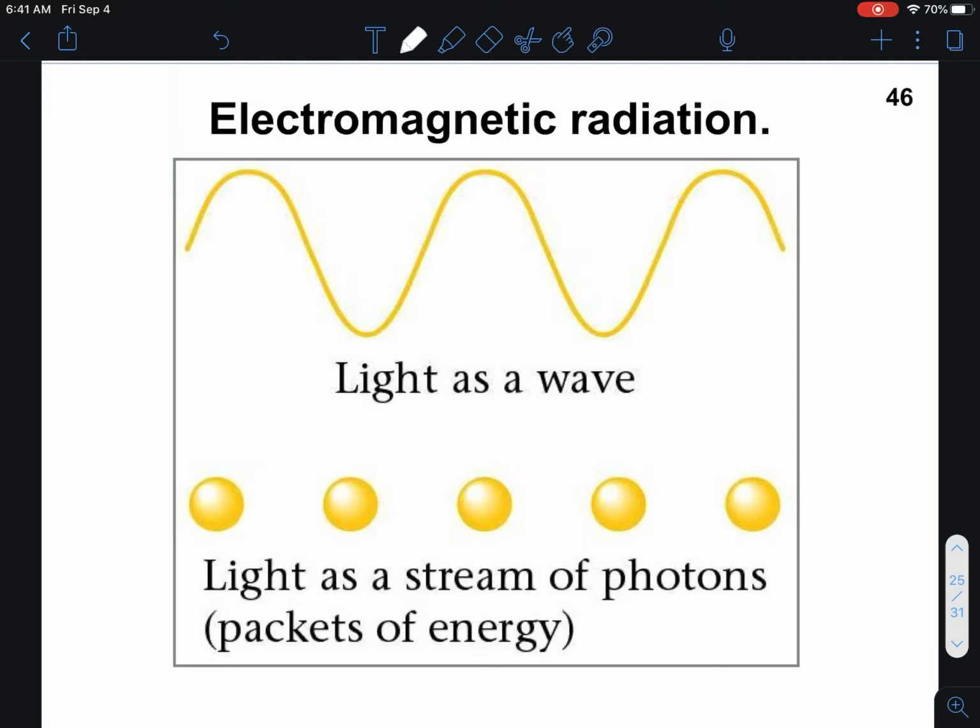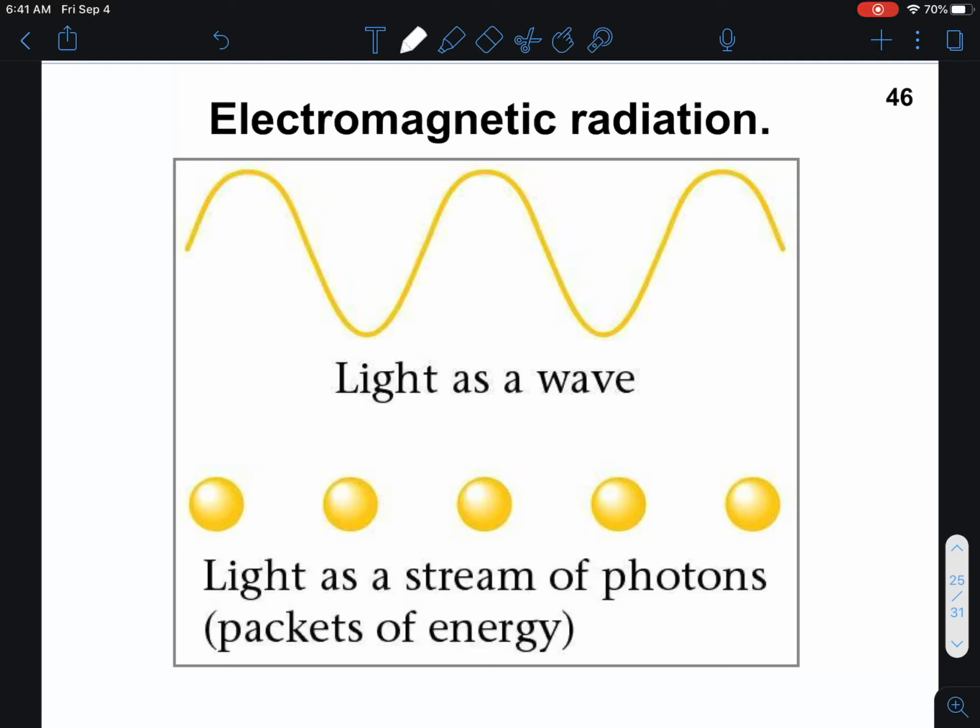In this picture, a wavelength is from the top to the top, or the bottom to the bottom, or the middle to the middle. Nu is the frequency. The units for frequency are hertz, or 1 over seconds, like waves per second. So the speed of light equals wavelength times frequency.